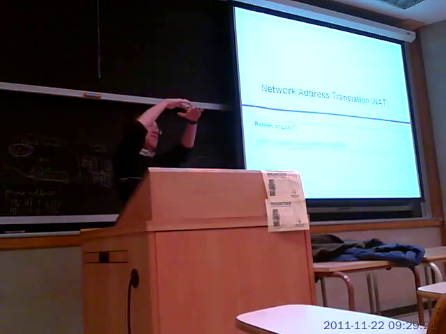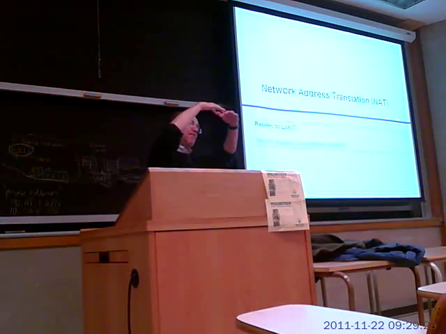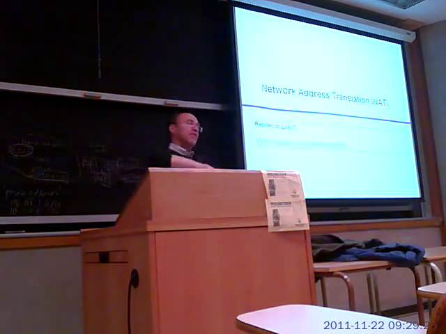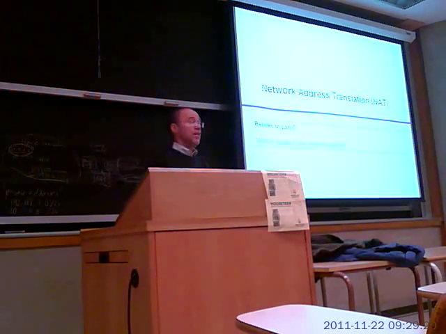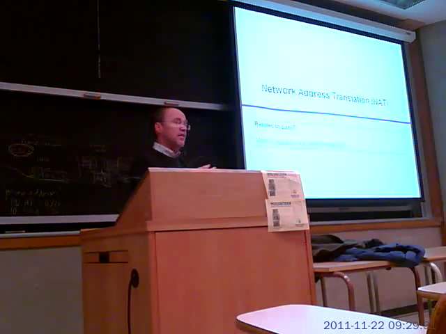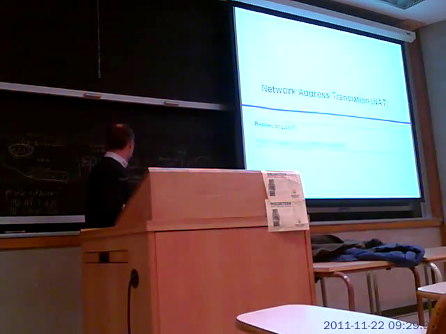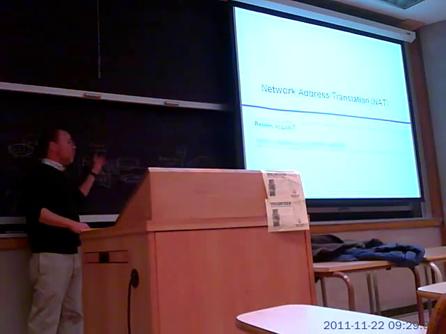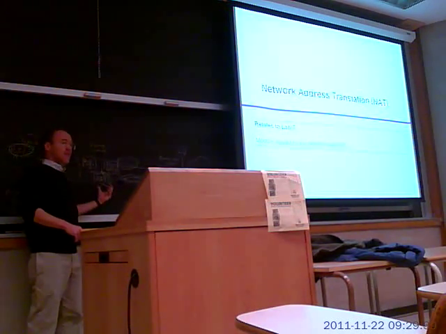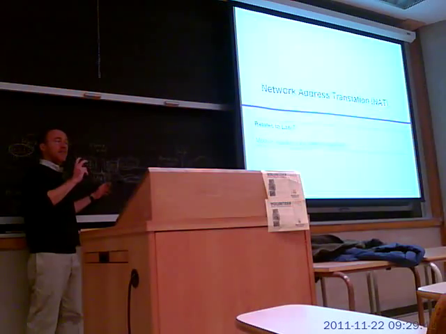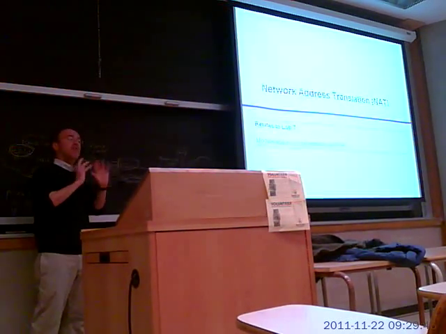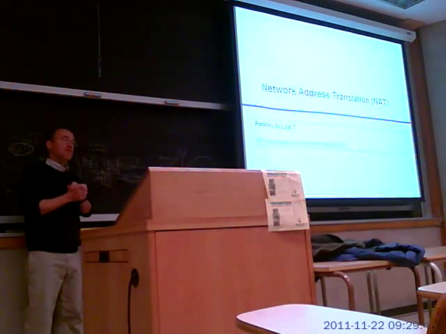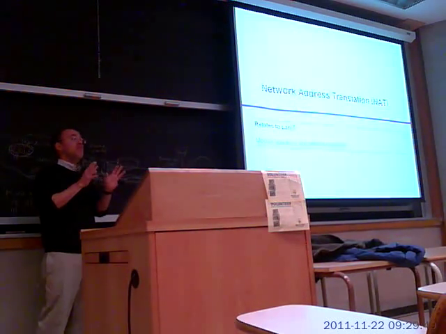Applications running on top of this depend on the IP addresses, so one has to look at what the application does. We'll see in this lecture that some applications you can run over a NAT box, and for some applications the NAT box is aware of the application and does things.